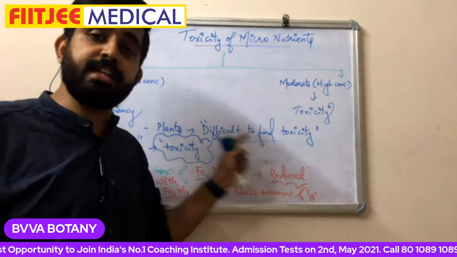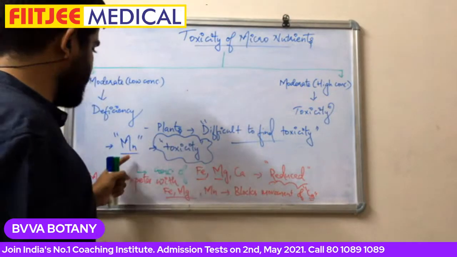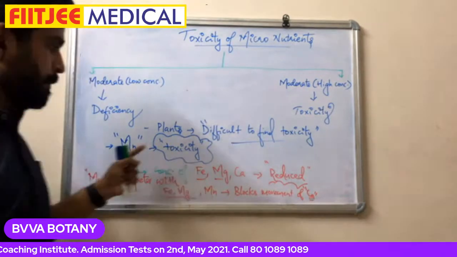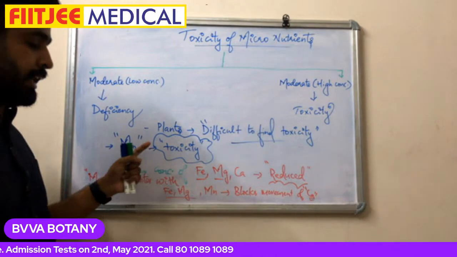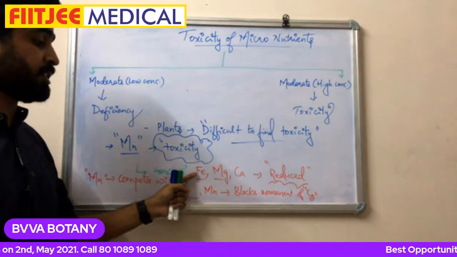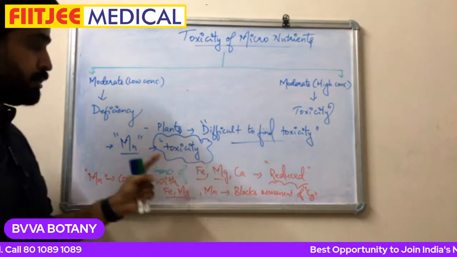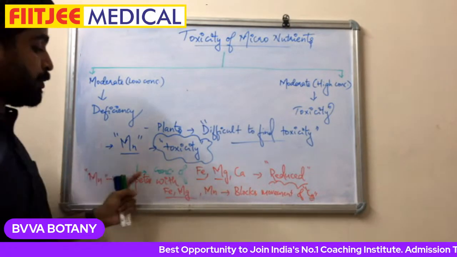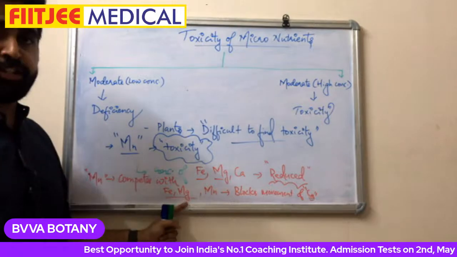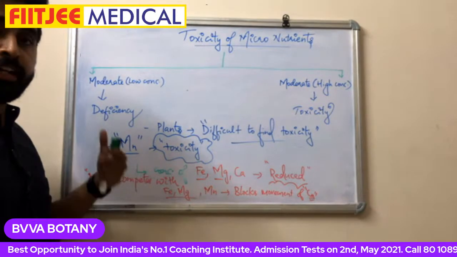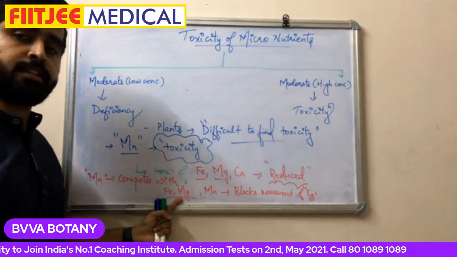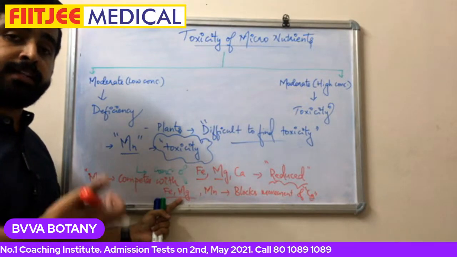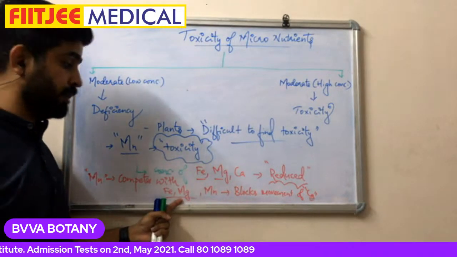So I said it is difficult to find toxicity in plants because the toxicity of one element can lead to the deficiency of other elements. Manganese toxicity can lead to reduced concentration of iron, magnesium, and calcium. Two reasons: reason number one, manganese actually competes with iron and magnesium, so if manganese is more, the intake of iron and magnesium by the plants will be reduced.